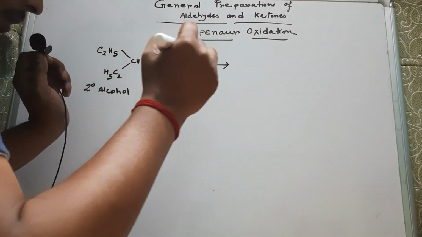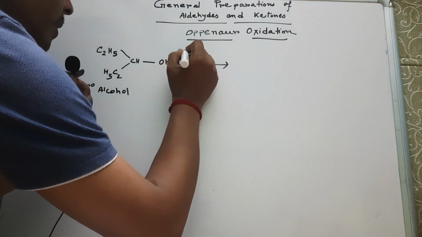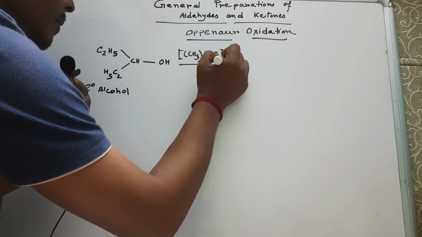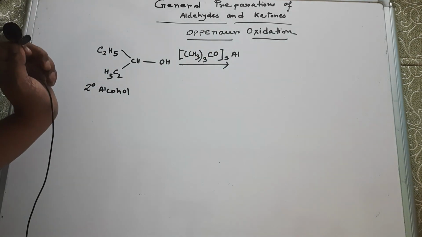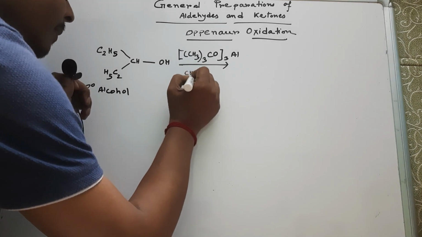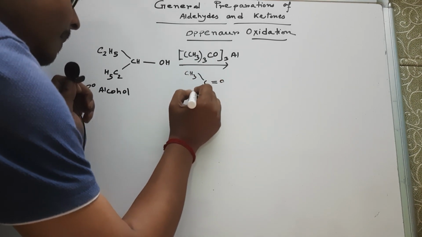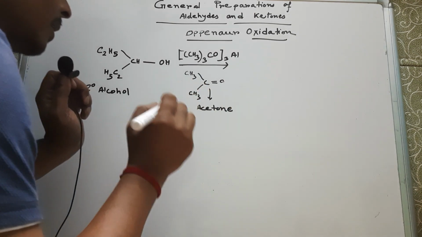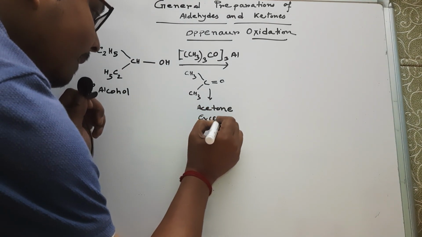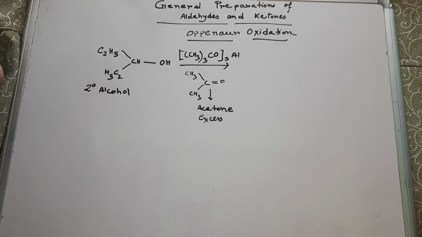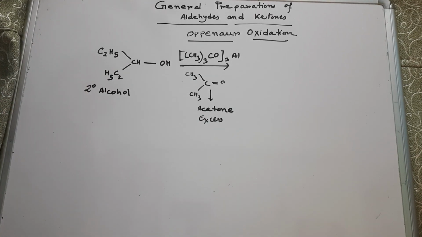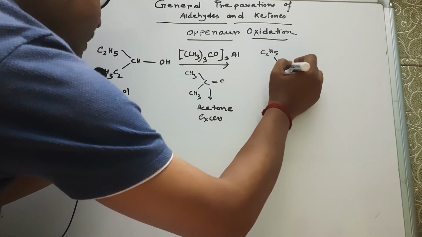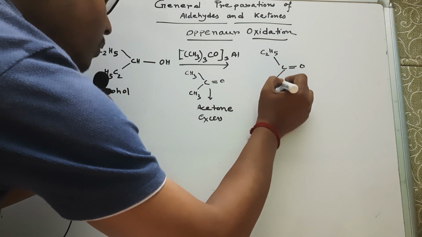And if you use tertiary aluminum butoxide, (CH3)3CO whole 3 aluminum, and acetone in excess, then this 2-degree alcohol, mind it, this 2-degree alcohol becomes ketone, C2H5 C double bond O C2H5.